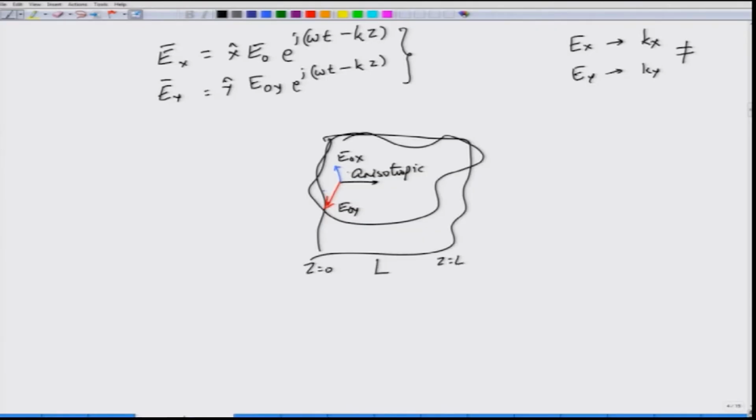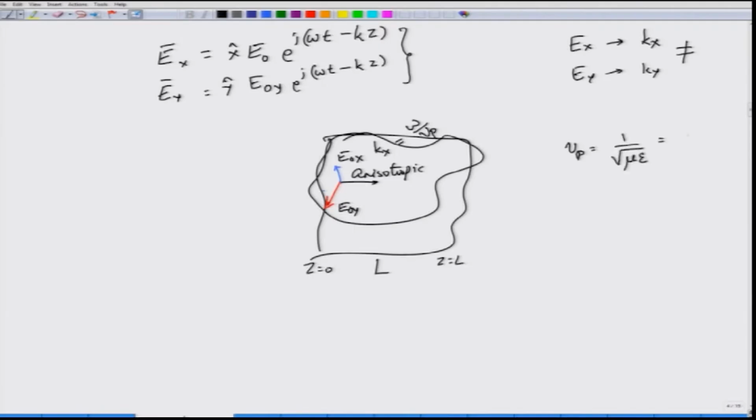Now, because this is an x polarized wave, it will see a propagation constant Kx, and I know the relationship between Kx, omega and Vp. So, Kx is given by omega by Vp, where the phase velocity Vp is given by 1 by square root mu epsilon.